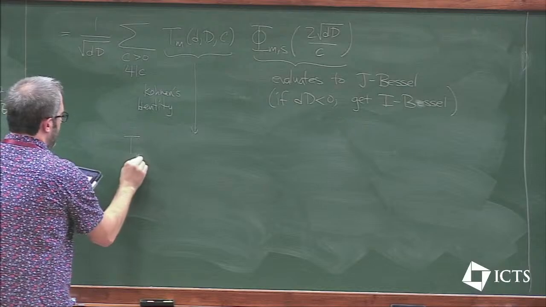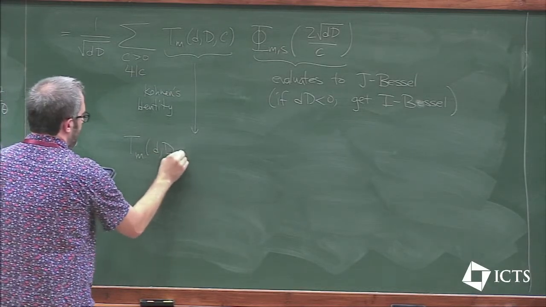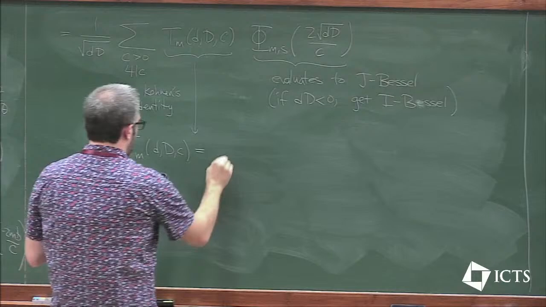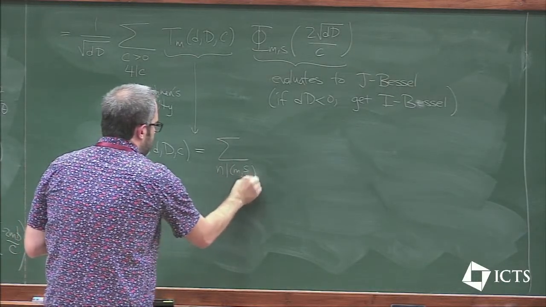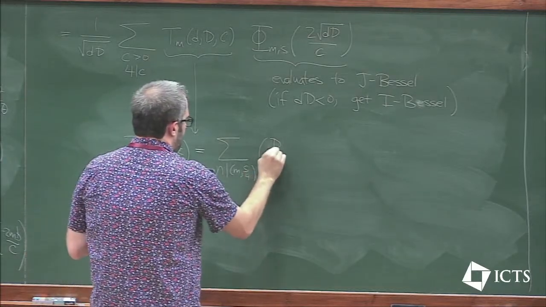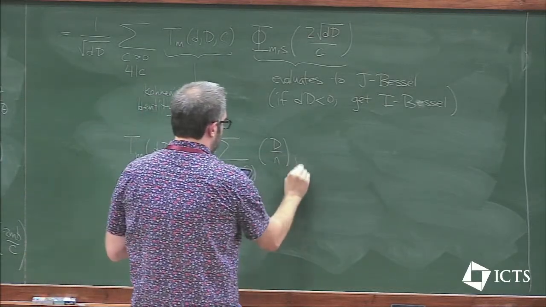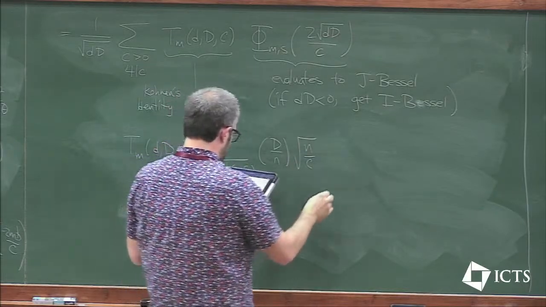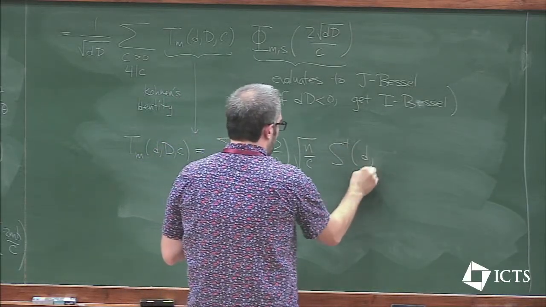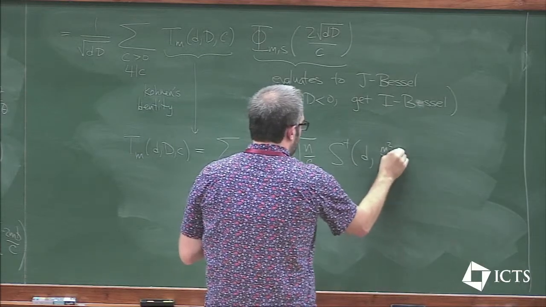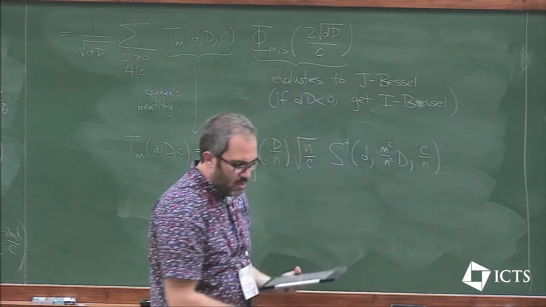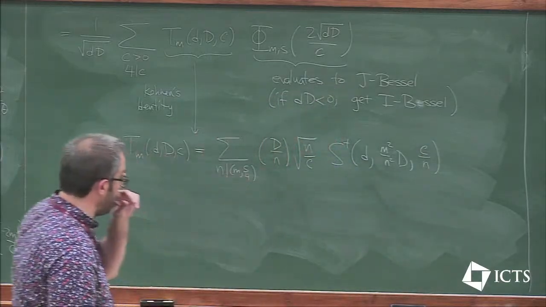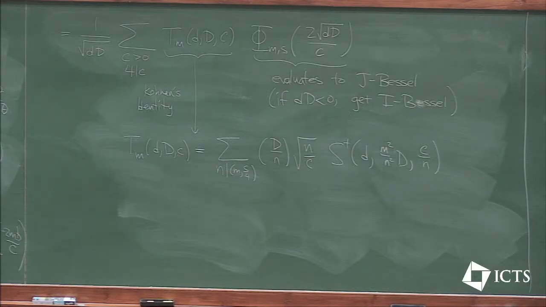But Conan's identity looks like Tm little d big D c is equal to a sum over all n's dividing the GCD of m and c over 4, d on n, there's your Kronecker symbol, and then square root of n over c, and then s plus of d m squared over n squared big D c over n, where s plus means the plus space Kloosterman sums. So these are the half integral weight Kloosterman sums for gamma 0, 4 projected into the plus space.